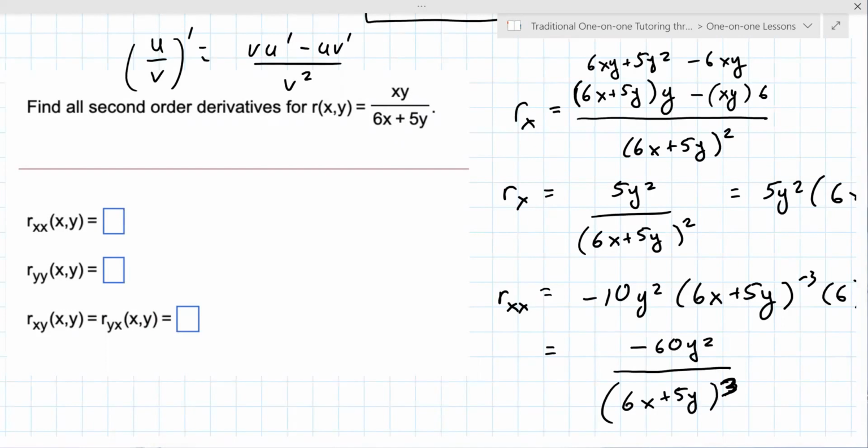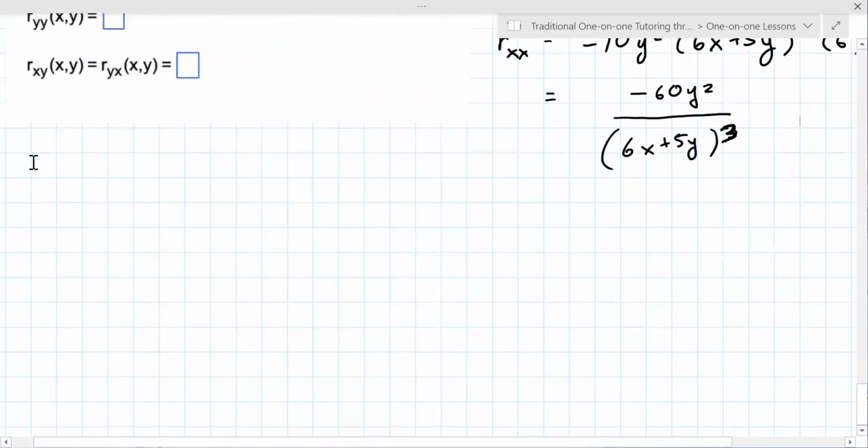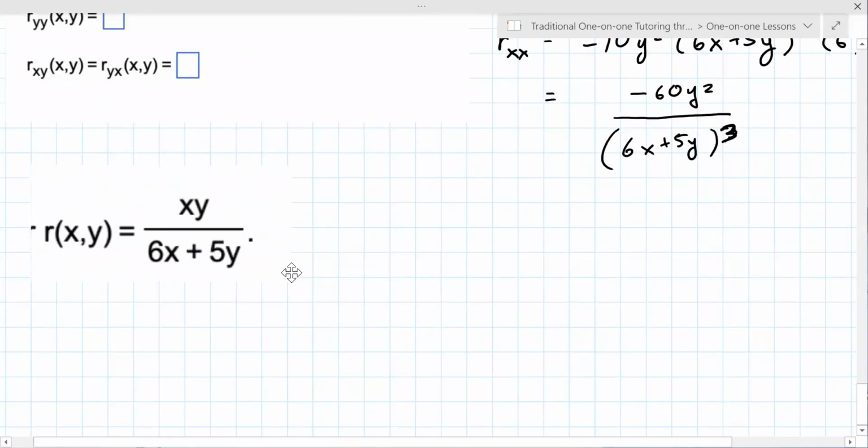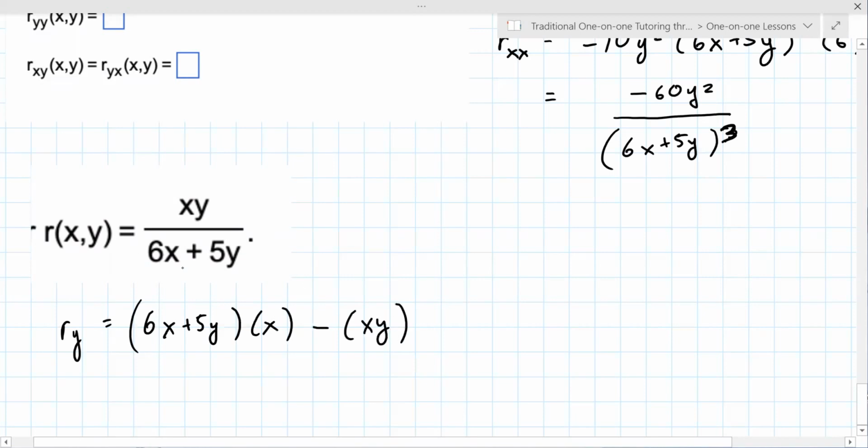Okay, all right, so I'm going to start again down here for Ryy. And it's the same, it's just now it's y instead of x. It's quotient rule because there's a y in the top and on the bottom. So it's the bottom times the derivative of the top with respect to y, which is just x, minus the top times the derivative of the bottom with respect to y.